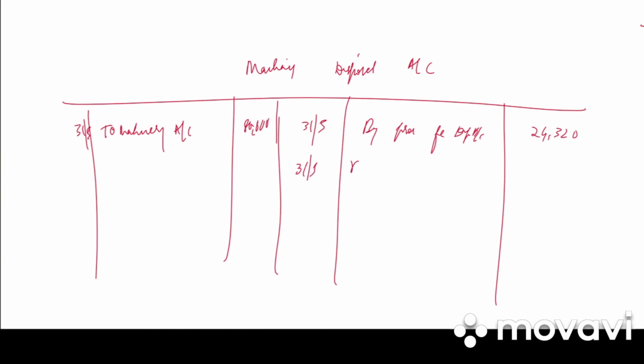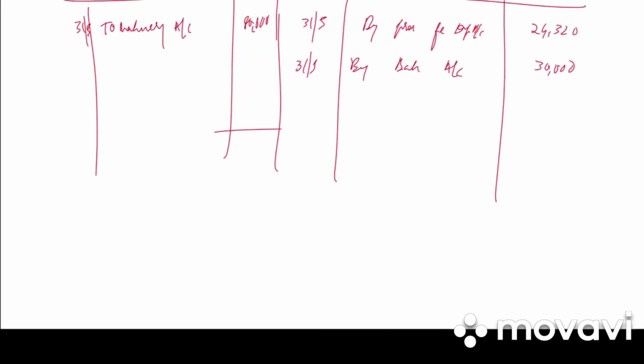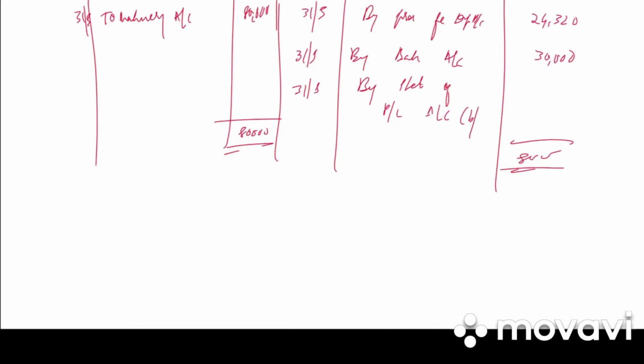On 31st May, by bank account, 30,000. And last we'll have the balancing figure, 80,000, 80,000. So 31st May, by statement of profit and loss account, balancing figure 25,620. In bracket you can write loss on sale.